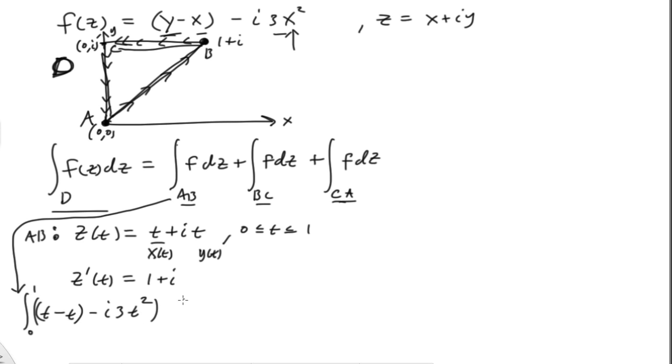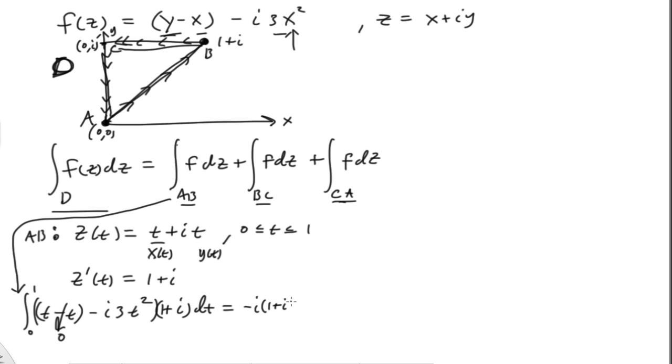Then we have to multiply by z prime, which is going to be 1 plus i, dt.